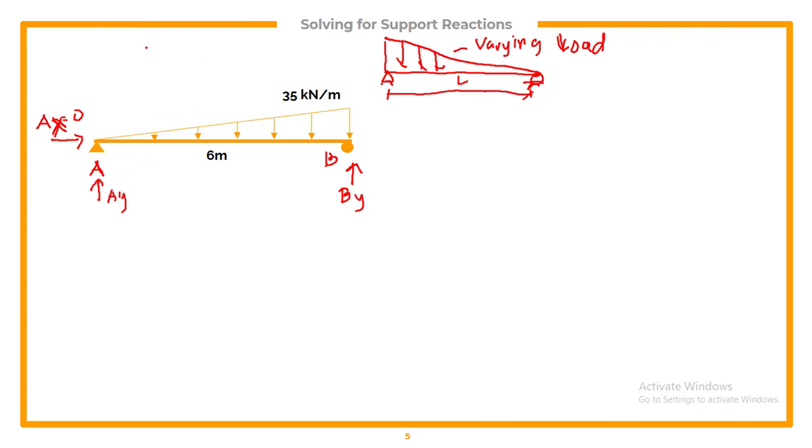So tagay na guys, if distributed load ang imong load, pwede nimo siya ma-transform into like this one, to a point load. Then the distance of the point load to the reference is always half.